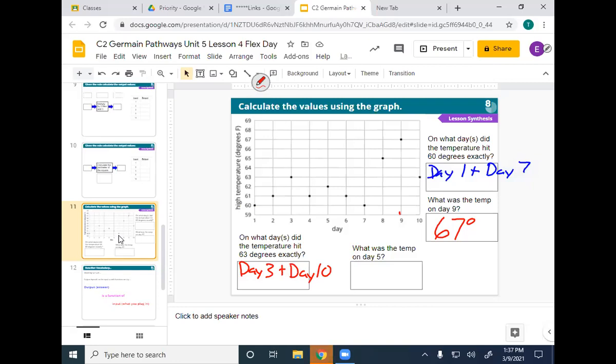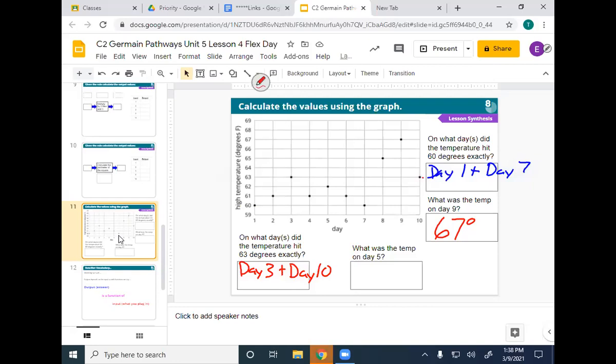Go ahead, Bridge. I looked on the y-axis and I looked at all the points on the 63 line. Good. And you found it hit on day 3 and day 10. Yes, very good. We look on the y-axis for the 63 because that's where our temperature is talked about.